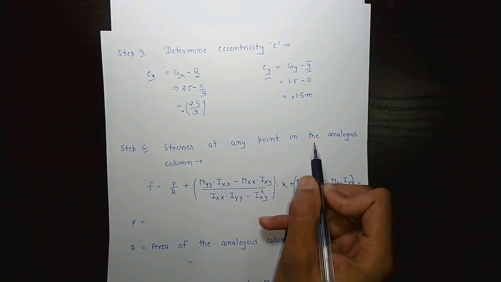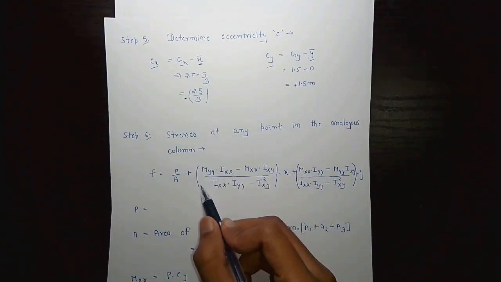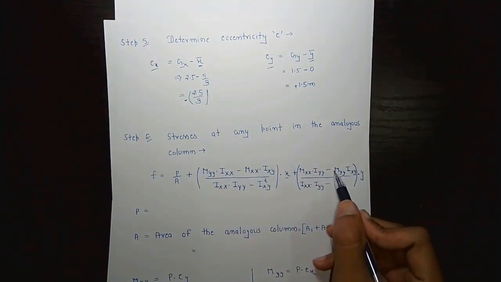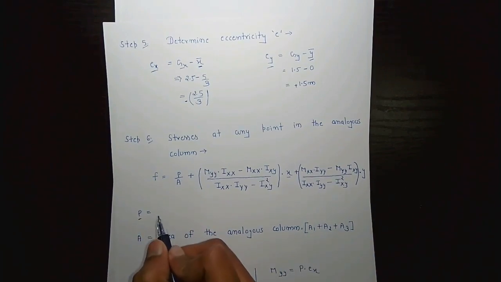Now the stress at any point in the analogous column: f is equal to P by A plus this plus this. This is by the formula of the analogous column.